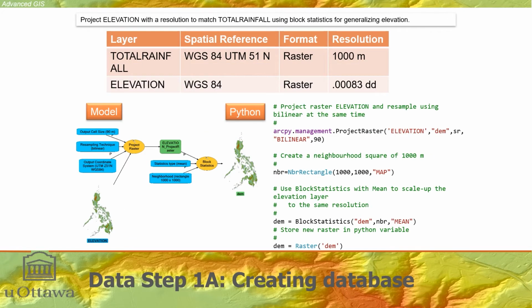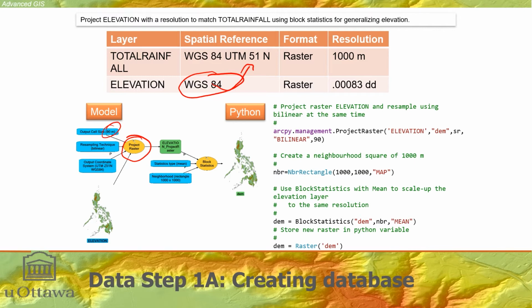Then for elevation, we have a two-step process, or a model with two processes. The first one is converting from WGS84 to UTM51. That's called projection. So we use the project raster tool for that. We specify our output coordinate system, the resampling technique that we want, and the output cell size. So for elevation, because it's approximately 90 by 90 meters, the output cell size will be 90 meters.